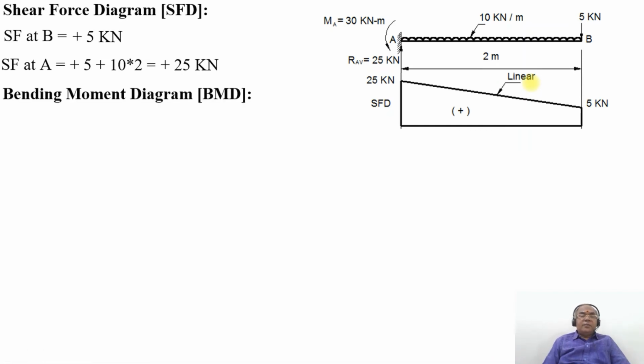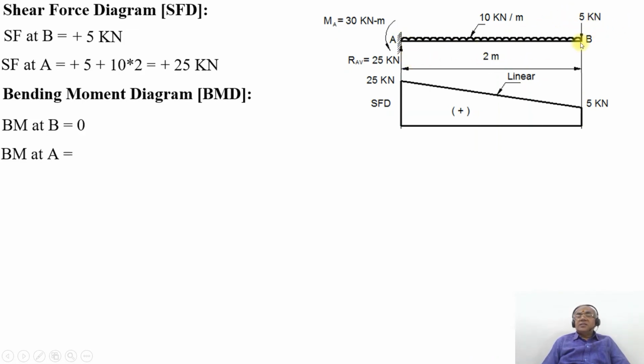Now what will be the bending moment diagram? BM at B will be equal to 0. We are starting from the free end, moving towards the fixed end. So what will be the bending moment at the point A? The bending moment is the load into perpendicular distance.